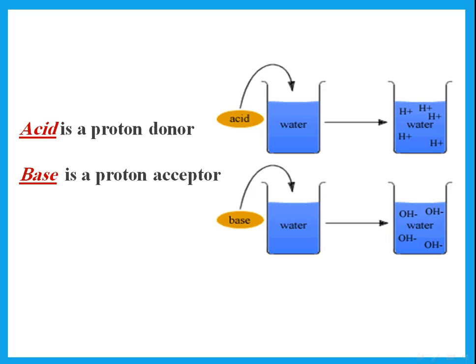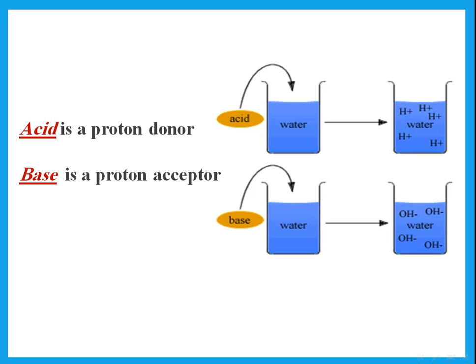When we dissolve an acid in water, it ionizes or breaks up to form H plus ions. A base is a proton acceptor. So when it reacts, it takes the H plus ions from the acid, and that is because when you dissolve a base in water, it forms hydroxide ions, and the hydroxide ions, when they accept the H plus, they form water.